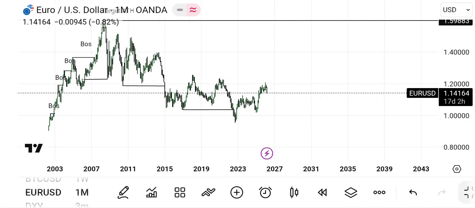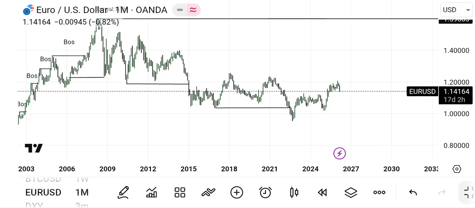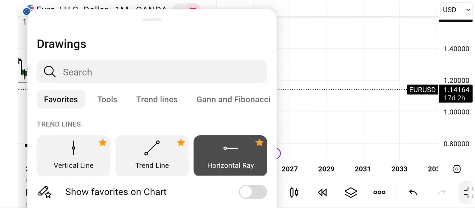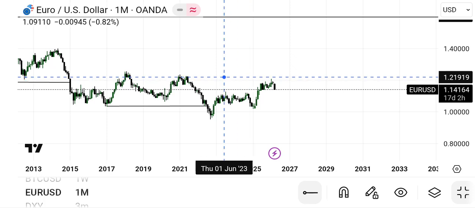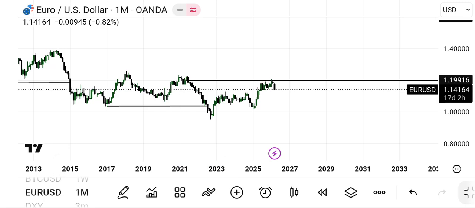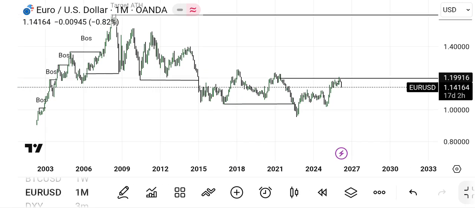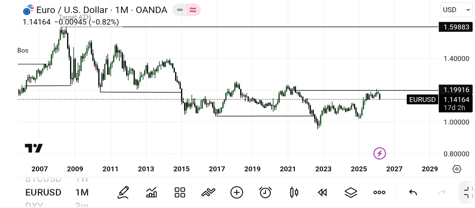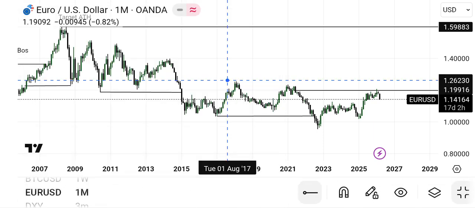So I have marked out my key levels, identifying my turning points in the market. Turning points are areas where price definitely spiked and changed its move. So here are my key levels being marked out carefully on the monthly time frame.